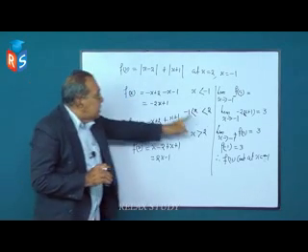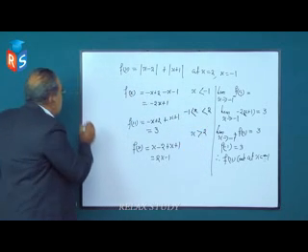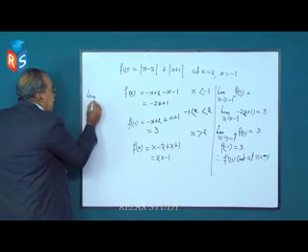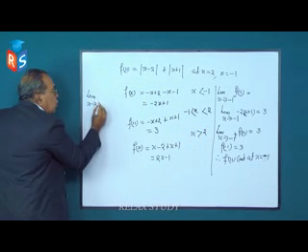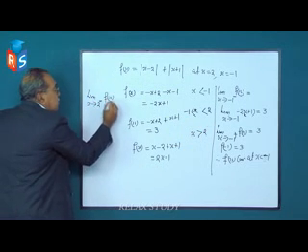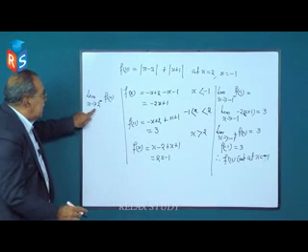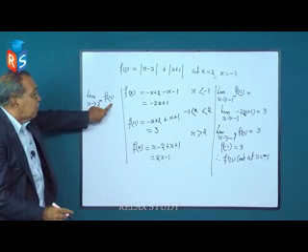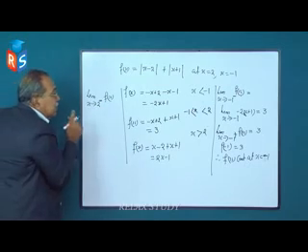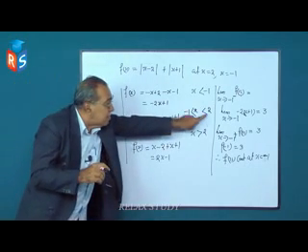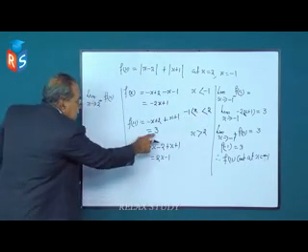to find the continuity at x = 2, the limit as x tends to 2 minus of f(x): 2 minus is less than 2, the value is equal to 3.